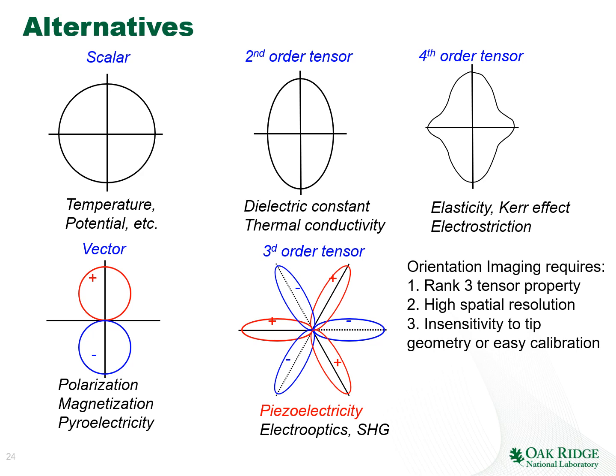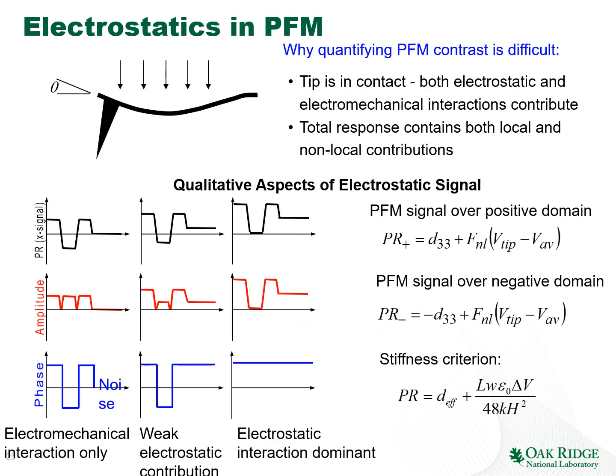They also tend to be fairly dependent on the probe. In comparison, as we will discuss in the forthcoming lectures, the PFM signal is actually insensitive to the tip geometry, and that's one of the extremely important factors that make PFM an incredibly useful and quantitative technique.